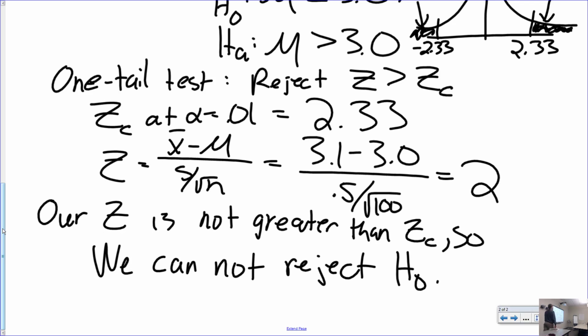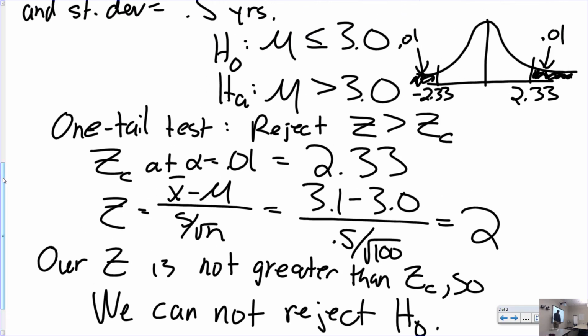So we would like to say that students stay here longer than 3 years on average, but based on our data, we cannot confirm it. All right? At least not at a 0.01 level of significance. All right. Not too bad?